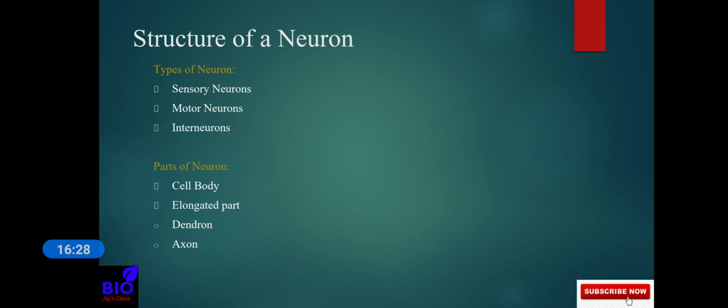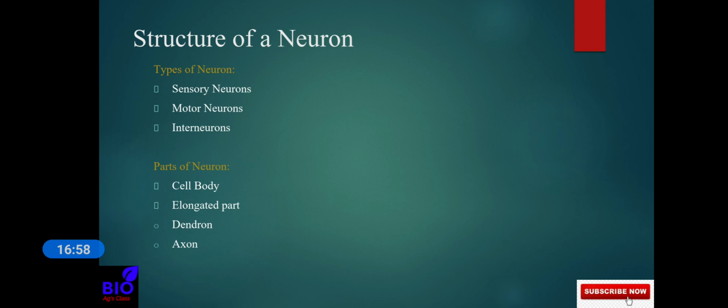You may call it the myelin sheath as well. There is a cell on the axon called the Schwann cell. These Schwann cells are a type of glial cell of the peripheral nervous system that help to form the myelin sheath around the axon.